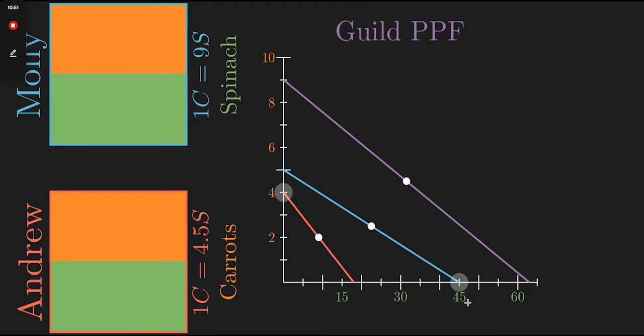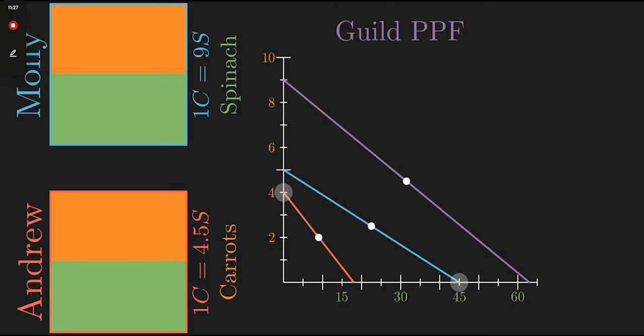So on this graph, we're going to list out these 2 points representing, for Molly, if she only grows spinach, she's choosing to specialize in the thing she has the comparative advantage in. So this is her specialization point, growing only spinach. And this is Andrew's specialization point, growing only carrots. These are the points where both farmers minimize their opportunity costs.